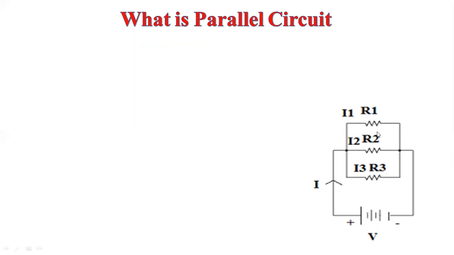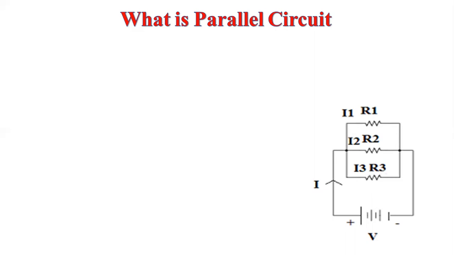If we want to connect these three resistances in parallel, we connect the same terminal of all the three resistances to a common point. It is the starting terminals and end terminals of all the resistances connected together. Okay, so the resistances connected this way are named as parallel.